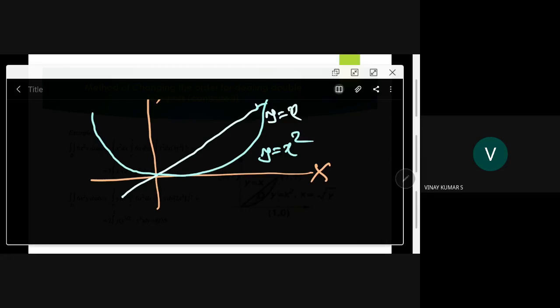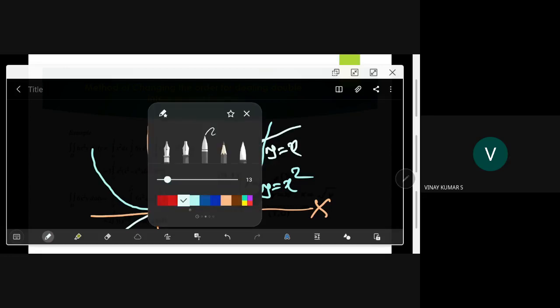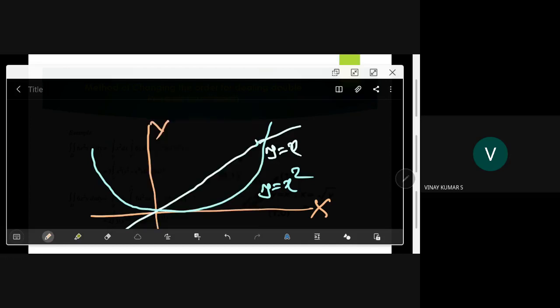When you look at this carefully, where is the bounded region? You have 4 parts here. Among those 4 parts, the only bounded one is this. The remaining are unbounded.